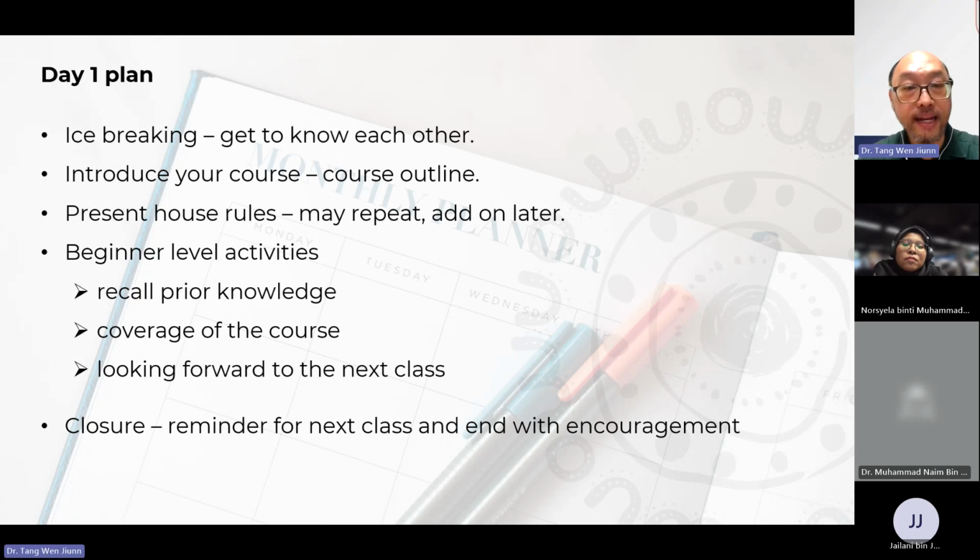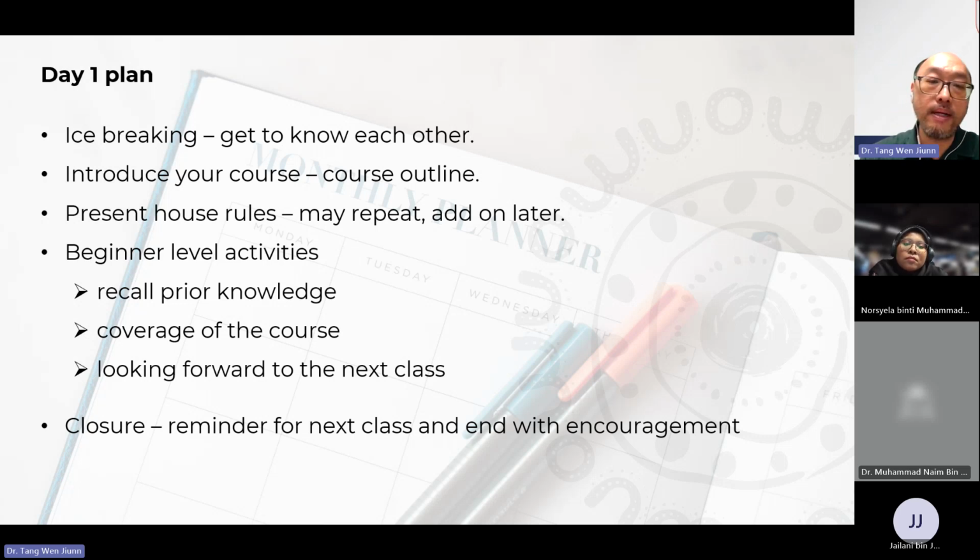So the benefit is basically, first, of course, to recall the prior knowledge. That's very important. So we know how much they know, the coverage of the course.